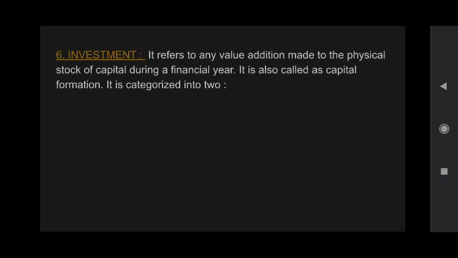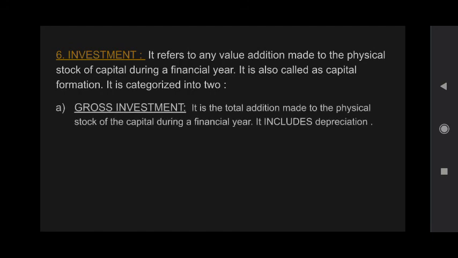The next concept is about investment. Investment in a simpler sense means that when we add any value to the physical stock of capital during a financial year of a country, it is known as investment. In simpler terms, investment means capital formation in the economy. Therefore, it is categorized into two forms. The first is known as gross investment.